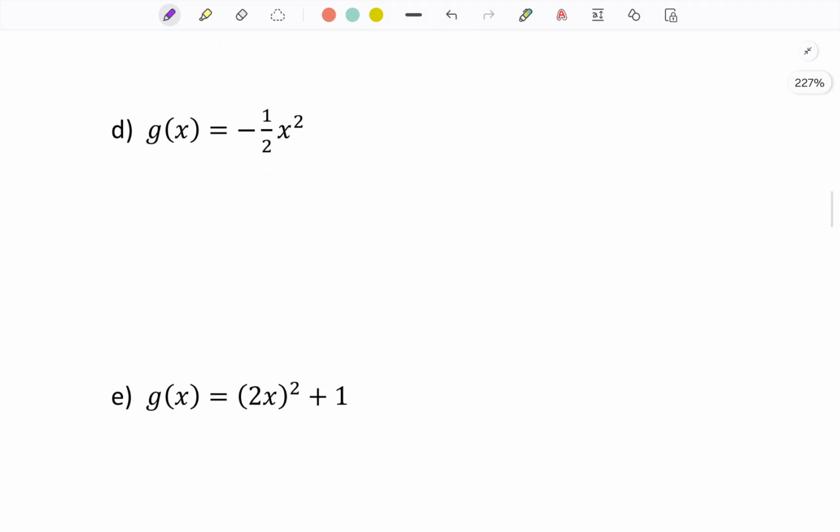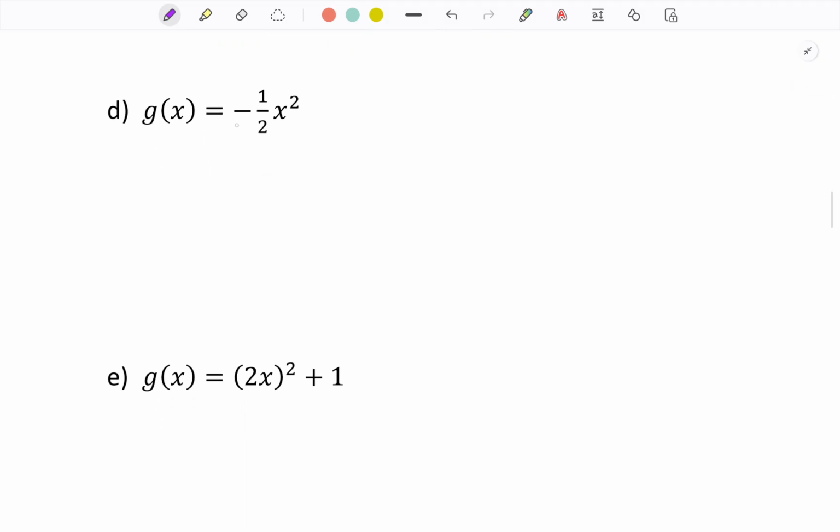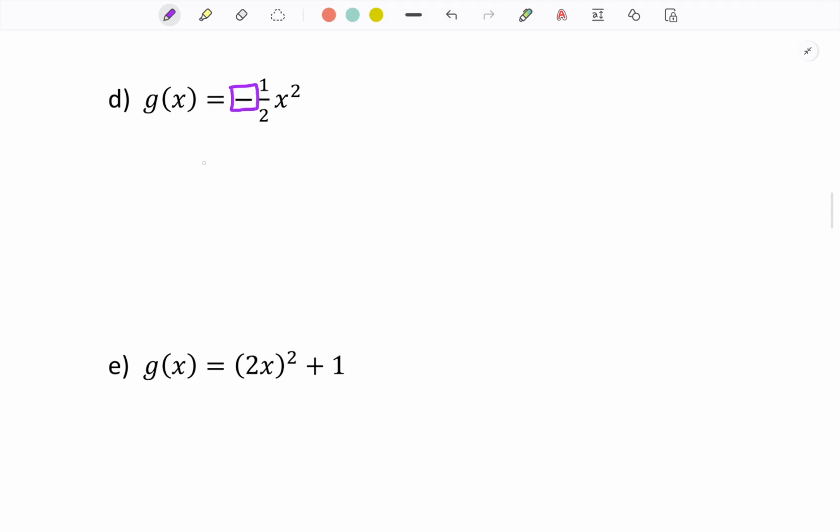Now D has a couple of different things going on because we have that number in front and we have the negative. That negative causes a reflection over the x-axis. So this causes that opening down that we talked about in our properties in the last lesson.